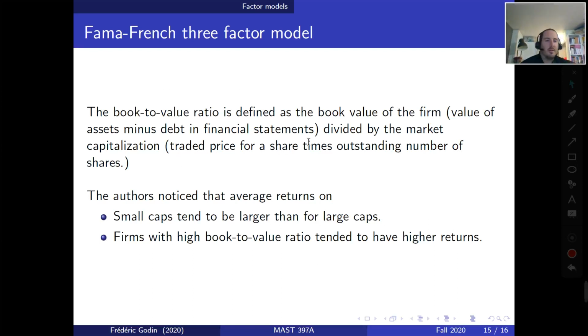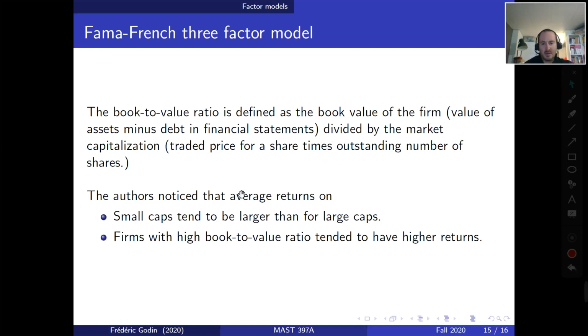So the third factor is the average excess return of high book to value firms over low book to value firms. The rationale for the inclusion of factors 2 and 3 in the Fama-French model is the following.